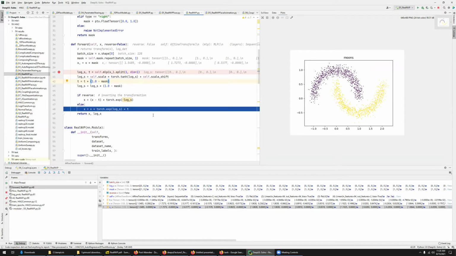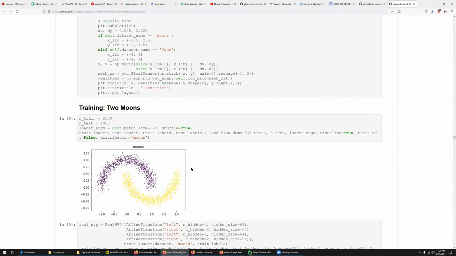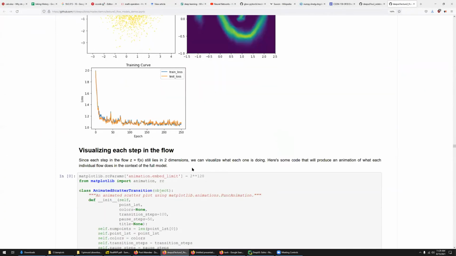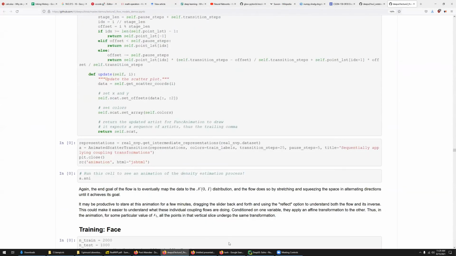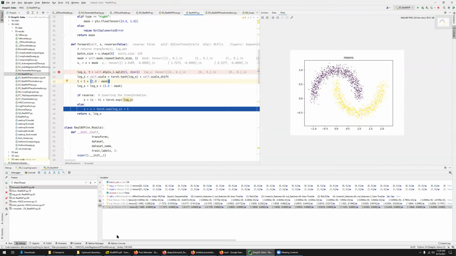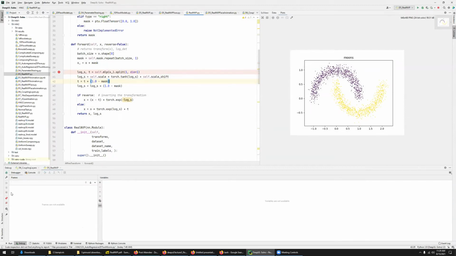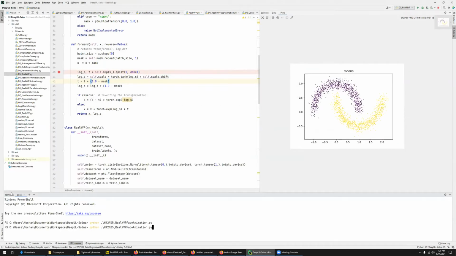Okay, and that's what happens here. And this is the 2 moons data set, and then the phase data set. So there's an interesting part that I think last time I showed, this one. So this is not phase, but let's see, moons, 2 moons, animation. Okay.